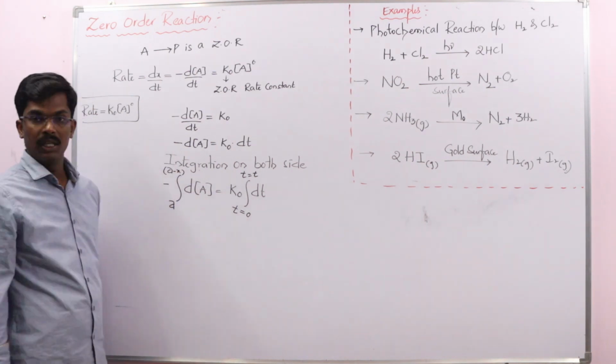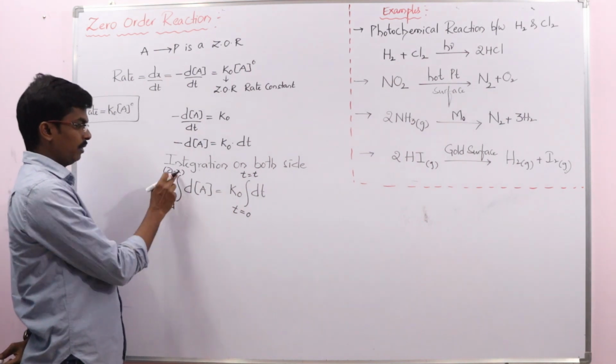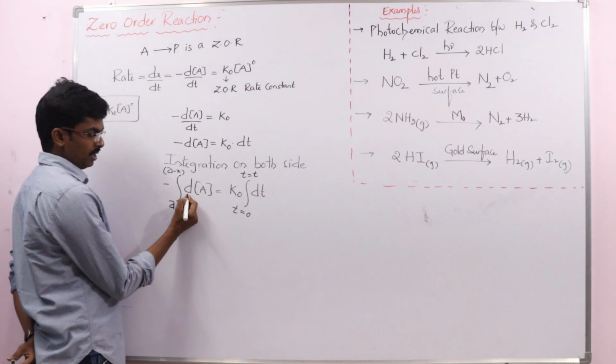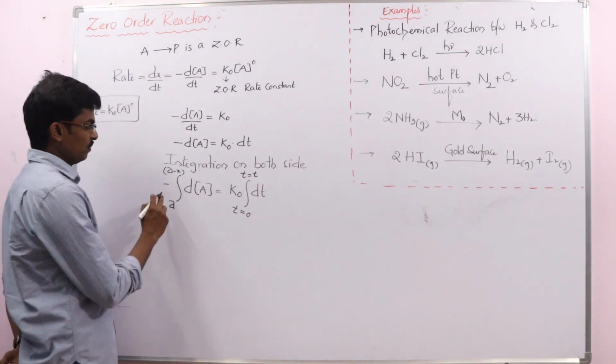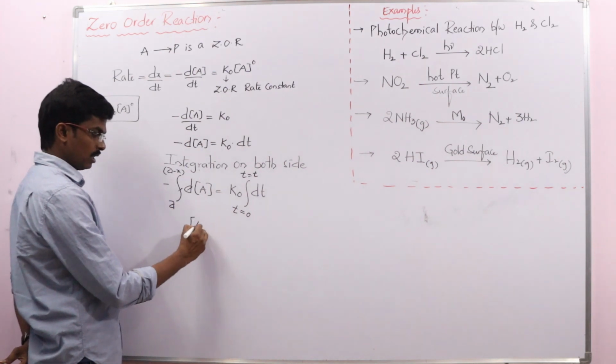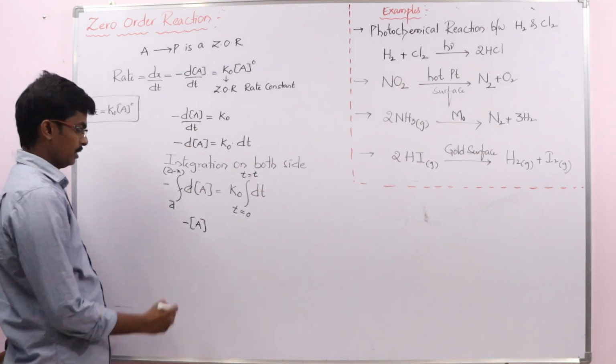I am integrating over the time interval 0 to t, with the concentration going from A to A minus x. Differentiation and integration are opposites, so the integral of dA gives the concentration of A.